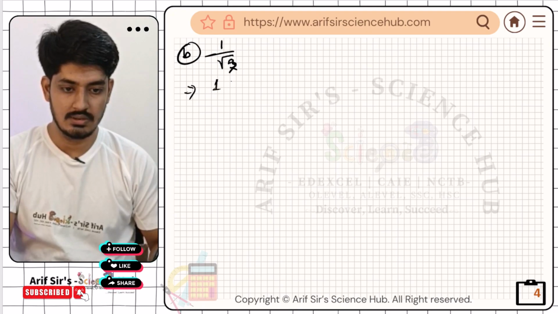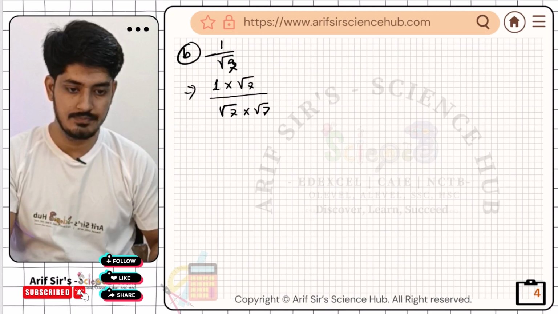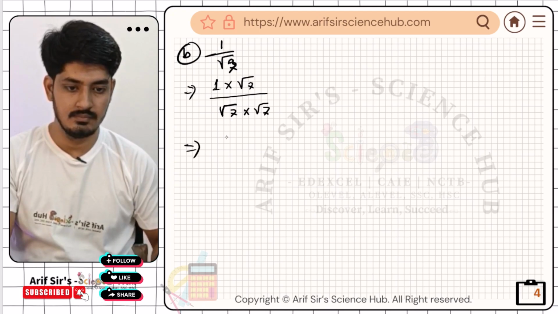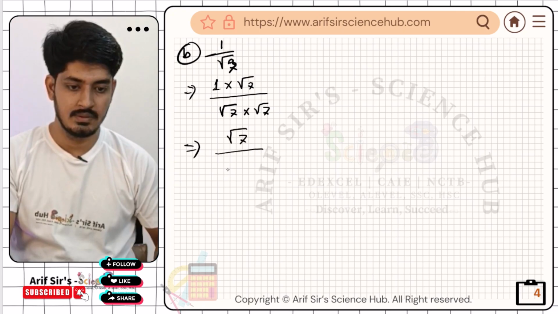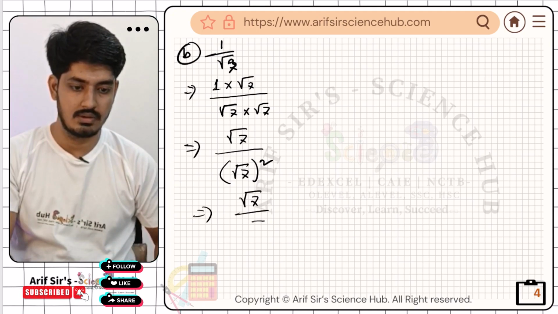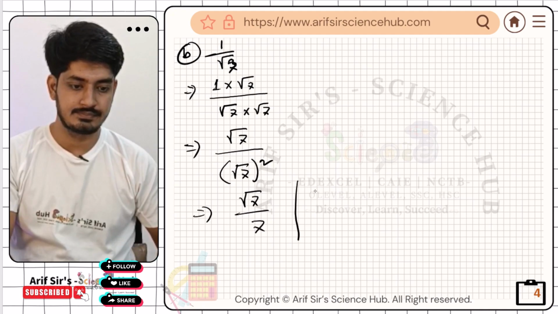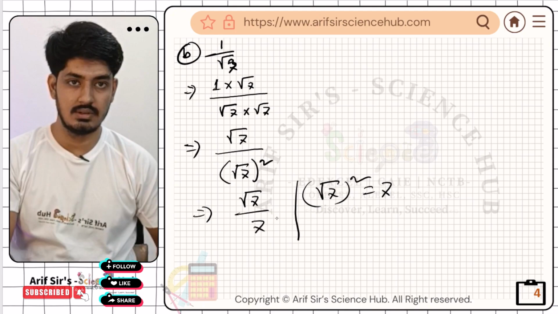That means 1 into root 7 over root 7 into root 7. 1 into root 7 is root 7, and square root 7 into square root 7 is the whole square, so we get root 7 divided by 7. Here square root 7 whole squared is equal to 7. So this denominator is now rationalized.